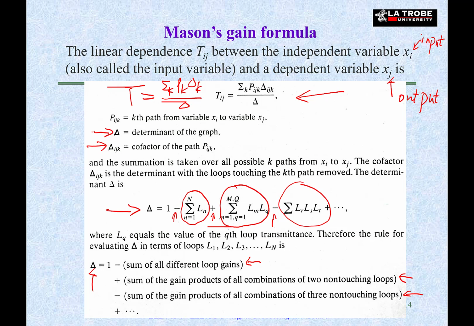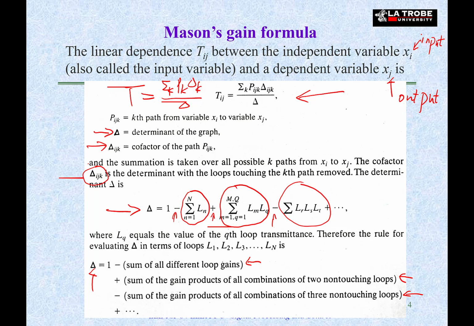So how do we determine delta k? Delta k is derived from delta. We need to remove the loops touching the kth path from delta. What is left is delta k.